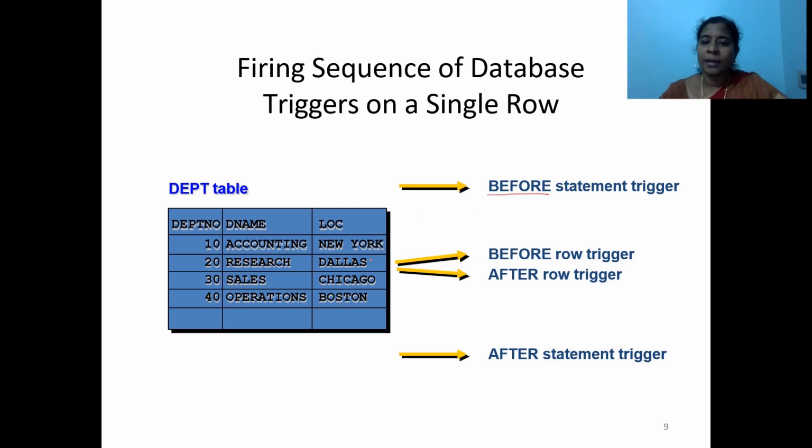Okay, and then before row trigger, so first the before statement trigger will be initiated, and then the before row trigger will be initiated, and after row trigger, and finally the after statement trigger. So you should understand, I said there are two types of trigger. One is statement, other one is row. And in that also we have two types. One is before event or after event. If it is before event, in that case, it will be executed before the insert or delete or update.